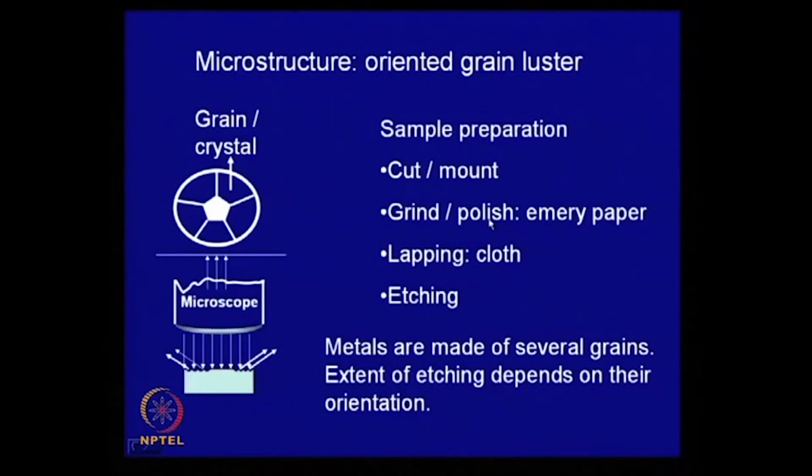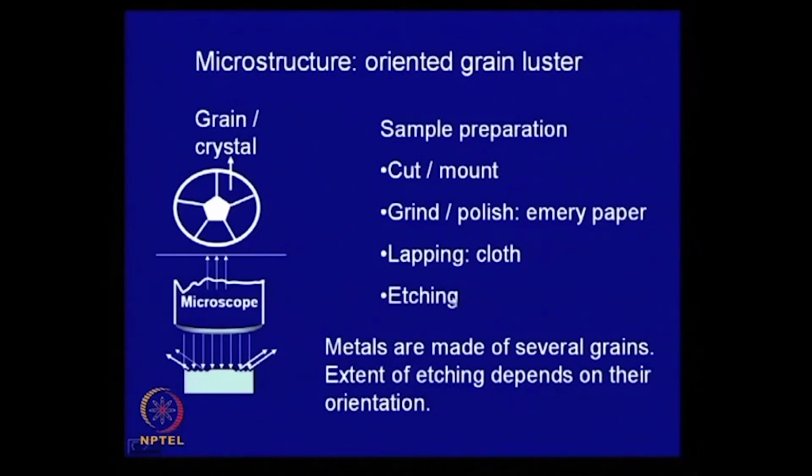There is a series of emery papers with different grit sizes, and finally, you polish it on a cloth, which is usually wet polishing, where you have a water and polishing powder mixture, which is put on a rotating disc where you have a cloth mounted on it. So, this process is called lapping, and after that you etch the specimen.